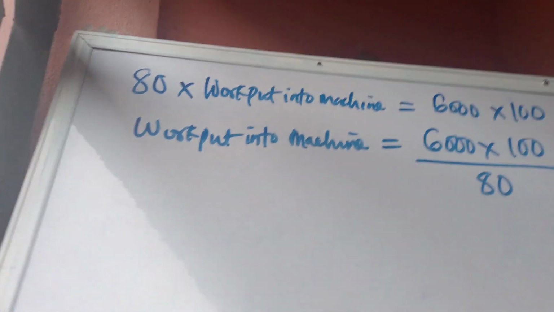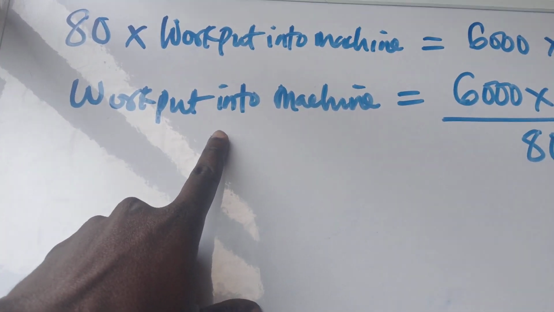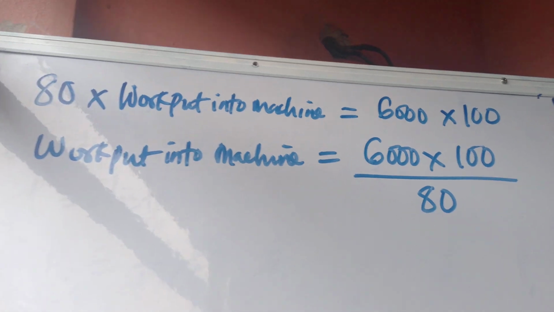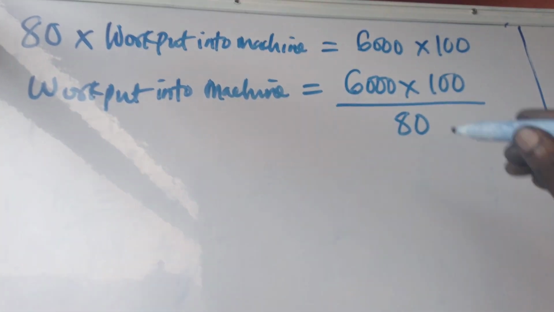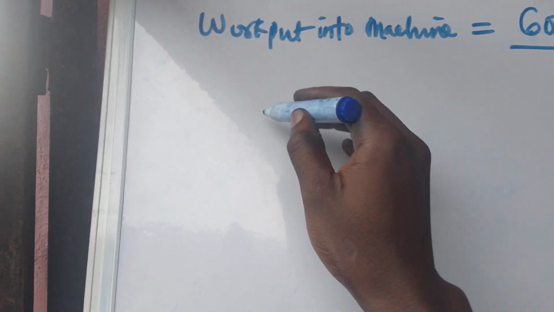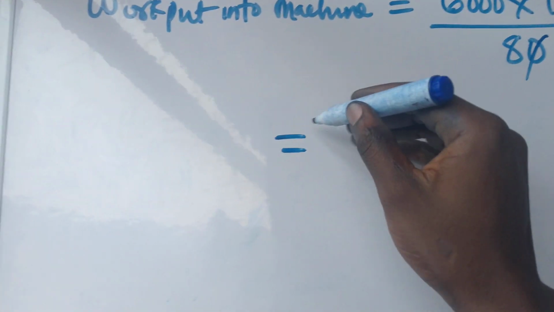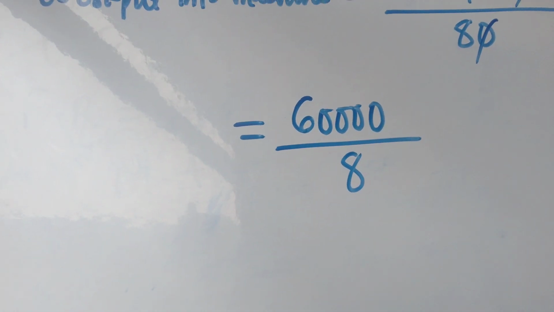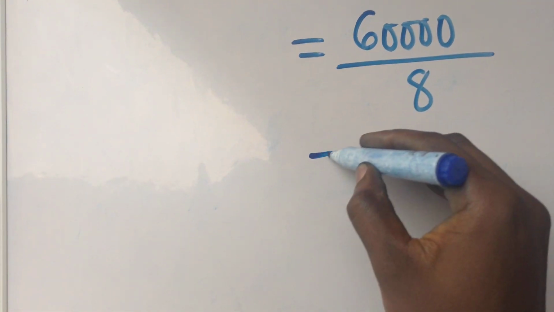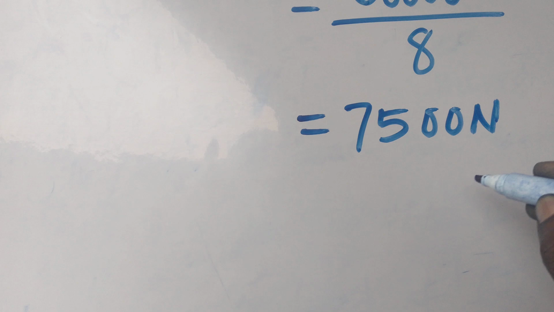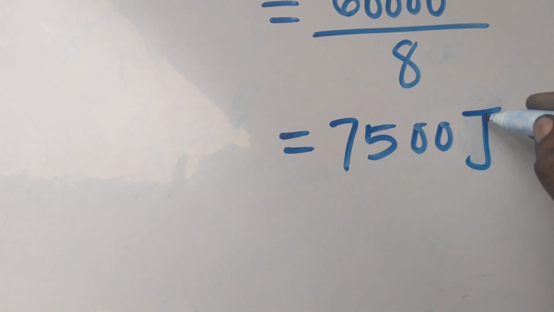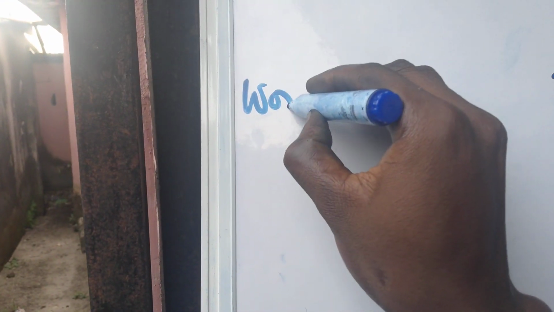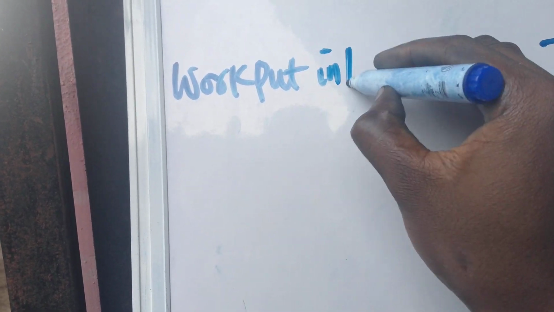I divide by the coefficient of the work put into the machine, which is 80, making it the subject of the formula. The 0 will eliminate 0, and I'll have 60,000 divided by 8, which gives me 7,500 joules. Work is measured in joules. That is the work put into machine.